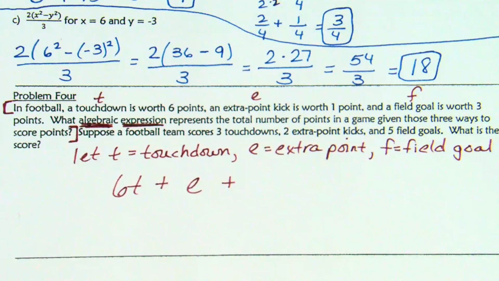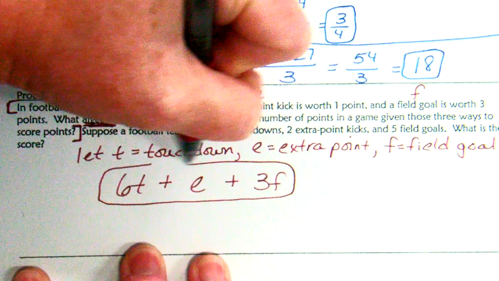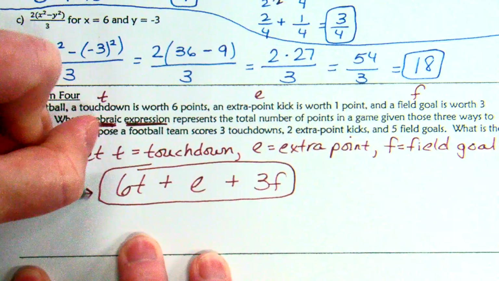I'd rather just write e. Plus, field goals are 3. We don't know how many right now, so we're going to say 3f. What we just wrote right here answers the question of what algebraic expression. That's our algebraic expression.